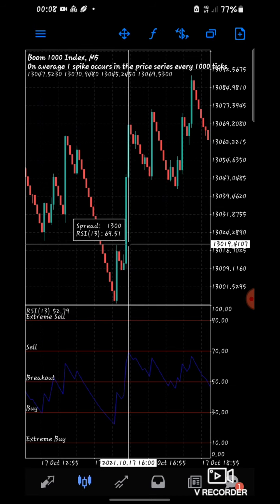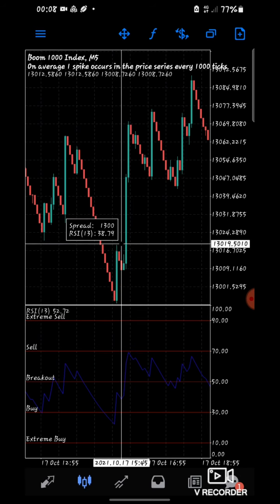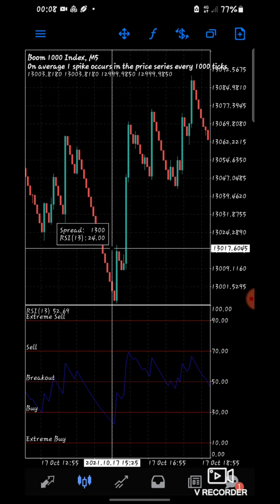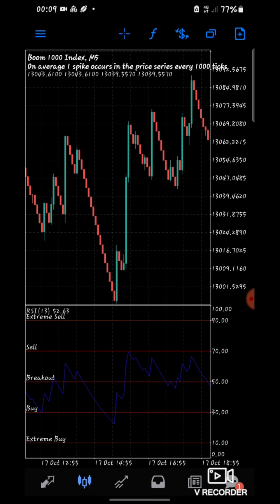So make sure, guys, it doesn't exceed this 50 here. Whenever the RSI touches the line 30, which is buy, then immediately it touches the line 50, you exit the market.